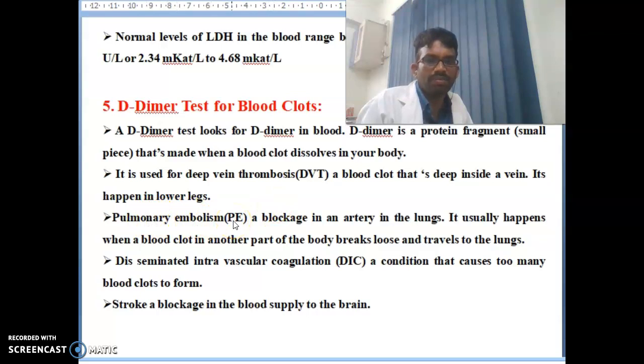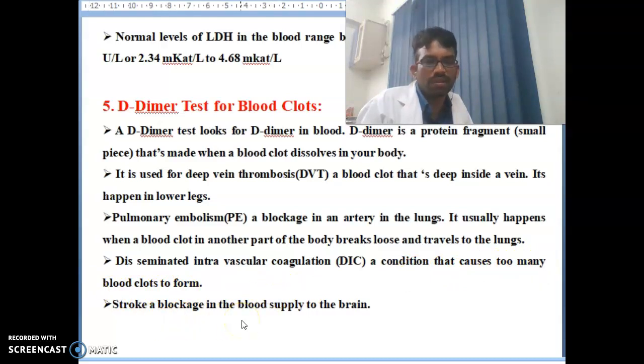Pulmonary embolism, PE, is a blockage in the artery in the lungs. These usually happen when a blood clot in another part of the body breaks loose and travels to the lungs. Then disseminated intravascular coagulation: these conditions cause too many blood clots.